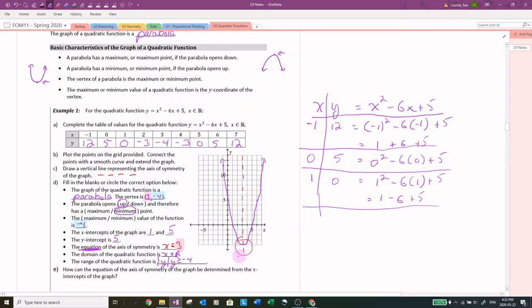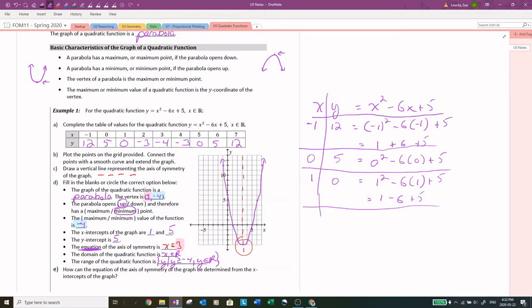The y value cannot be -5, and then a comma, and y is an element of the real numbers. So this tells us that the range is any real number where y is greater than or equal to -4.